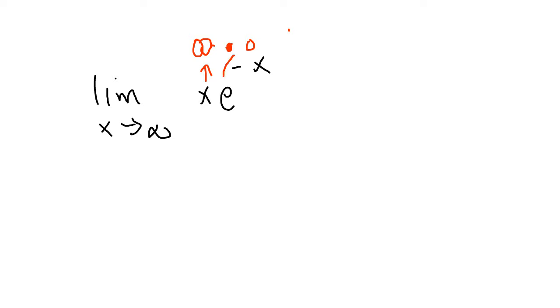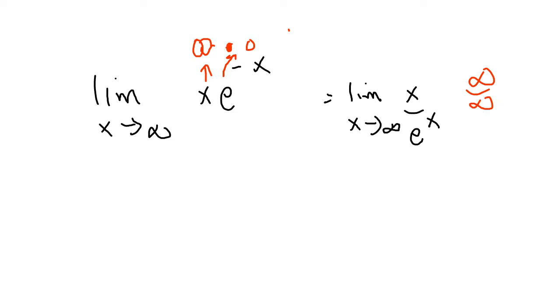So L'Hopital's rule, remember what you do. You write it then as a ratio. And now both x and e to the x go to infinity. So you can use L'Hopital's rule on it. So L'Hopital's rule says take the derivative of the top and bottom.